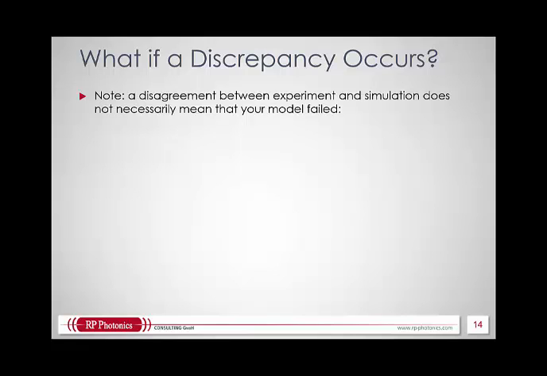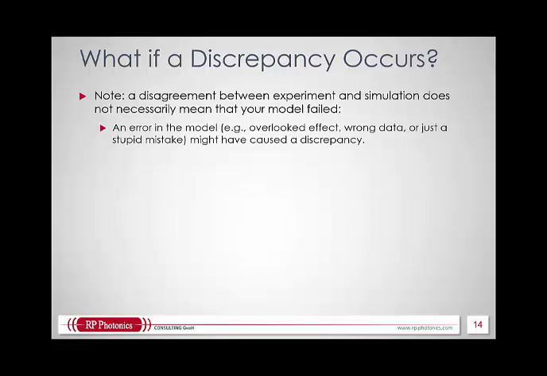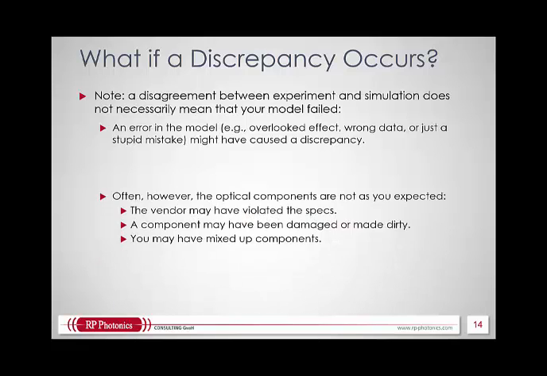Let me spend a few words more on discrepancies. You should note that a disagreement between experiment and simulation does not necessarily mean that your model failed. An error in the model, for example some overlooked effect, some wrong data, or just a stupid mistake, might have caused a discrepancy.